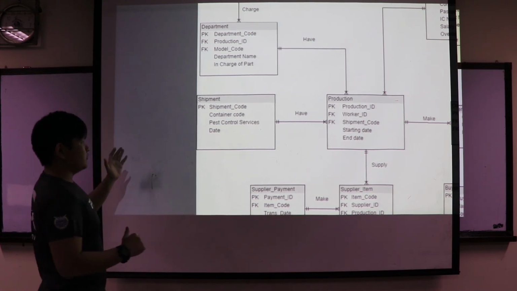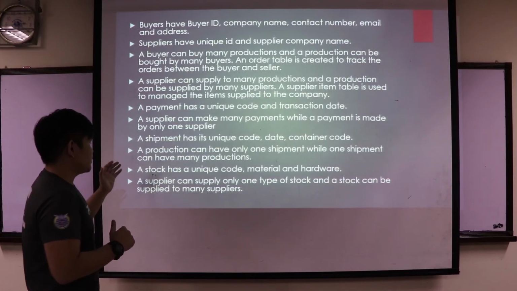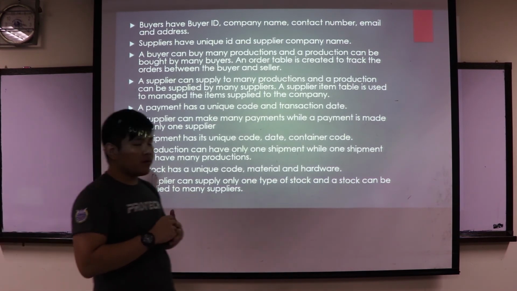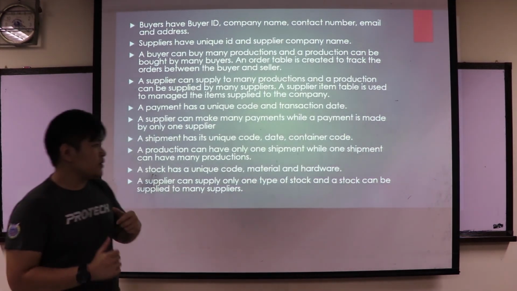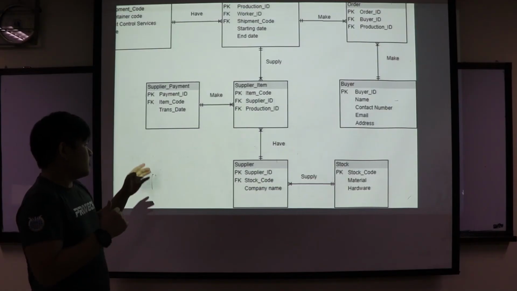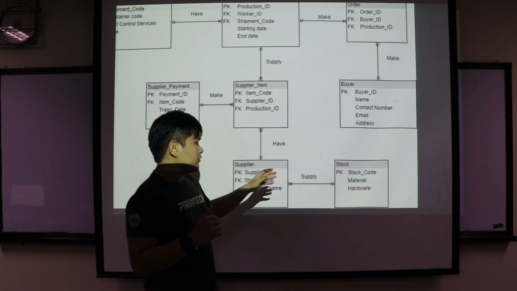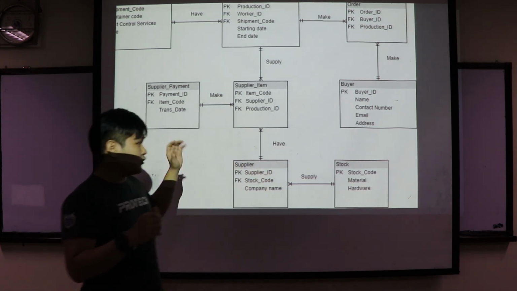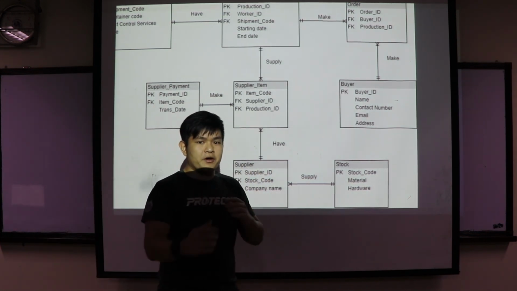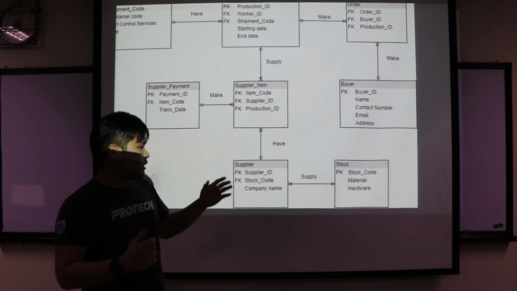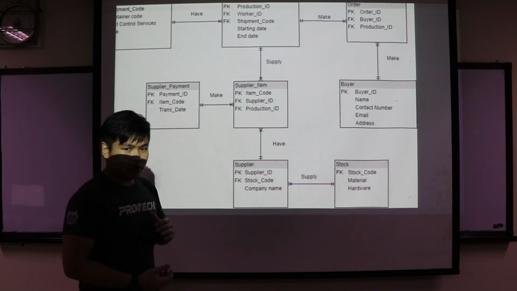Based on the question, a stock has a unique code, material, and hardware. Based on the question just now, we need to create a stock table. In this stock table, we need to have stock code as a primary key and the materials and hardware as the other attributes.